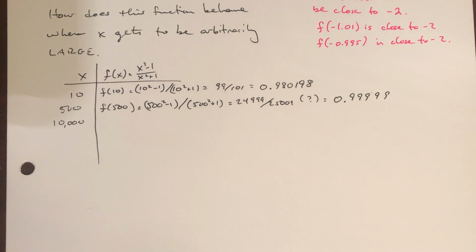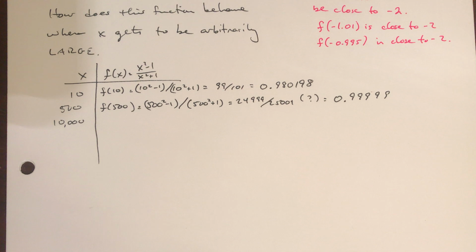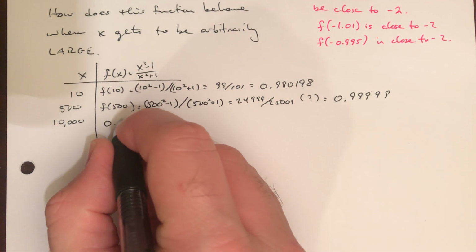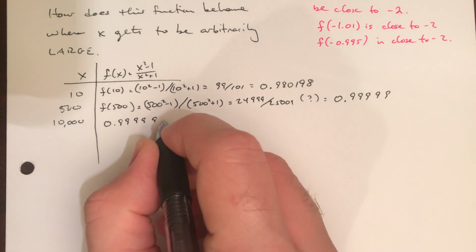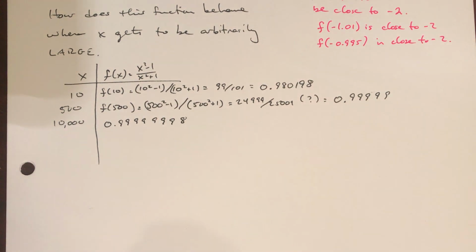And when I plug in 10,000 for x, let me see real quick. Let's see, where's the variable stuff? I get 0.9999998, and then I start running out of decimal places.